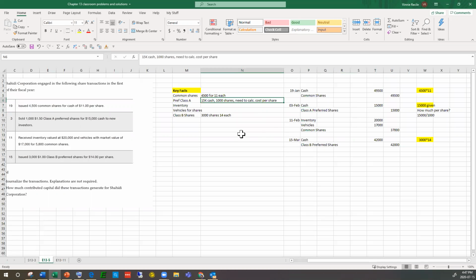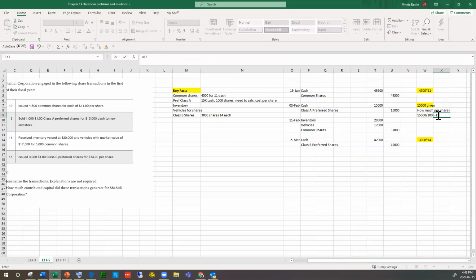In this problem, you don't, but I identified that I didn't have the cost per share so that I knew what to do. In this case, they gave me $15,000 cash, which is the value of the shares. To calculate the cost of the share, if I needed to, I would take the $15,000 and divide it by the number of shares issued to get the cost per share, which would be $15, not $1.50. The $1.50 denotes the dividend that is required in exchange for selling these shares.